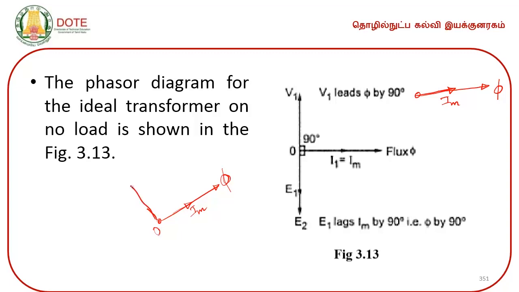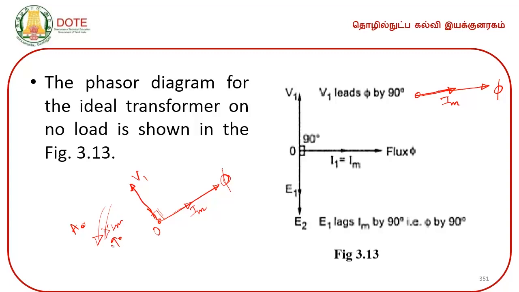For example, if V1 leads phi by 90, you have to draw the phasor of V1 like this, which means that if you have a reference here and rotate the phasor with O as a center, then V1 will reach the reference point A first, and then phi or Im will reach after 90 electrical degrees.